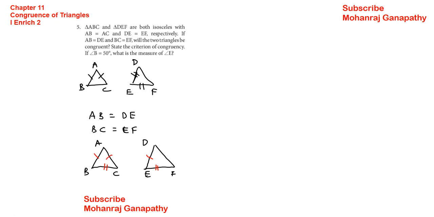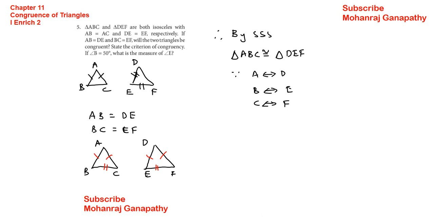Therefore, DE and DF are also equal. Therefore, by side criterion, triangle ABC is congruent to triangle DEF, because vertices A corresponds to D, B corresponds to E, and C corresponds to F by vertices.